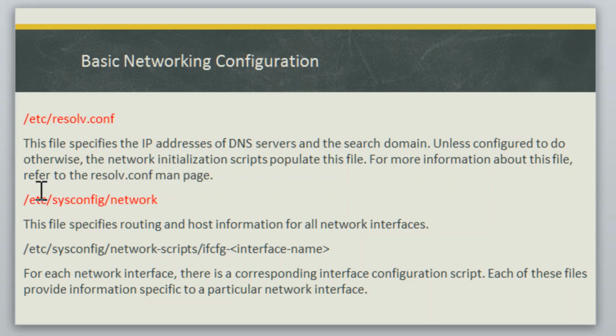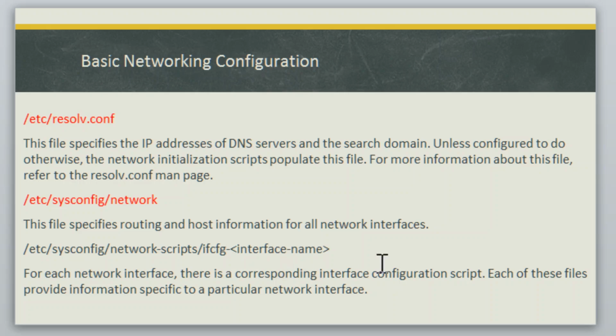Next, we have /etc/sysconfig/network. This file contains specific routing and host information for all network interfaces. Then there's /etc/sysconfig/network-scripts/ifcfg- followed by the interface name, which is where you'll actually see the interfaces.